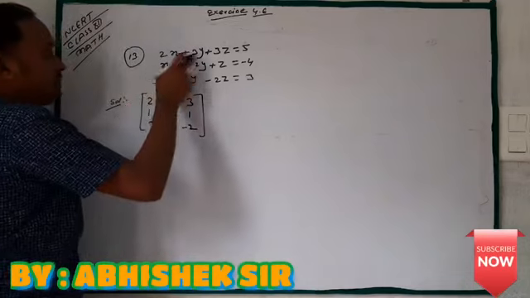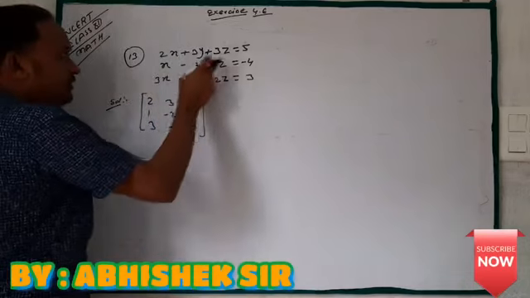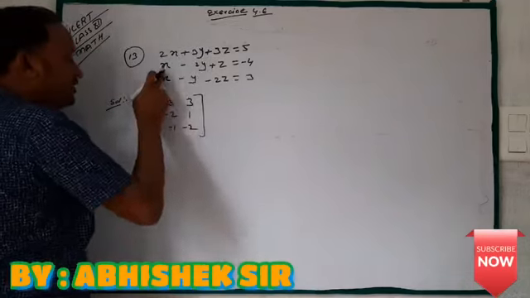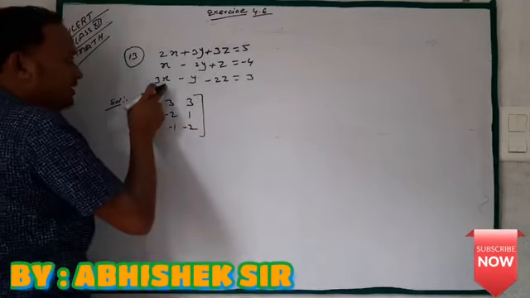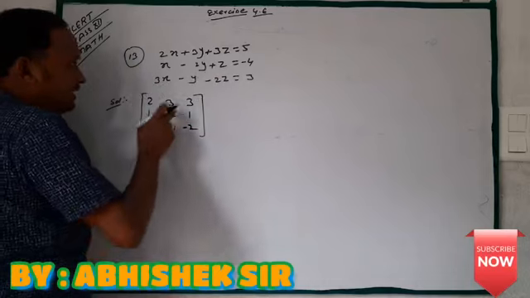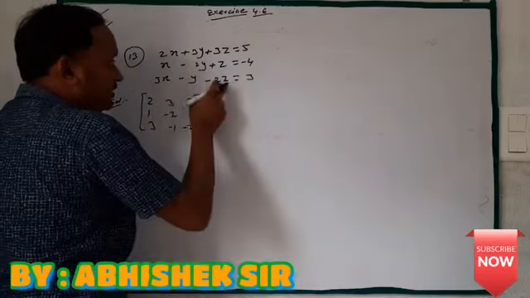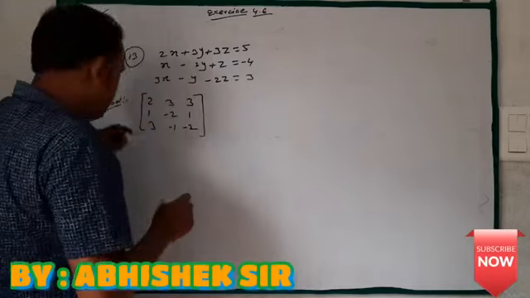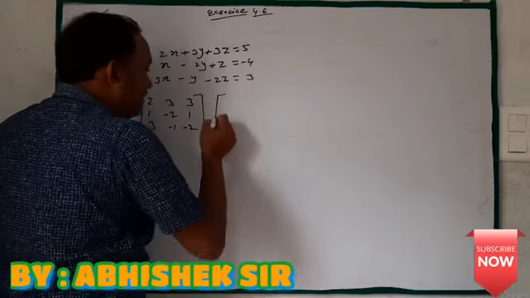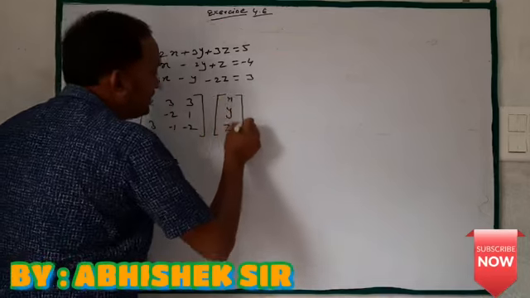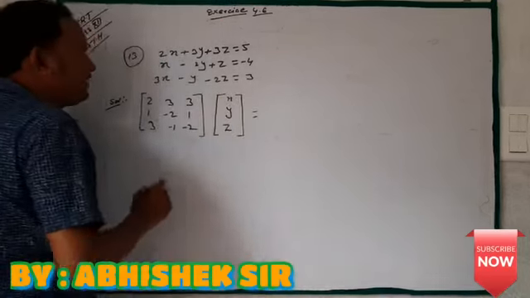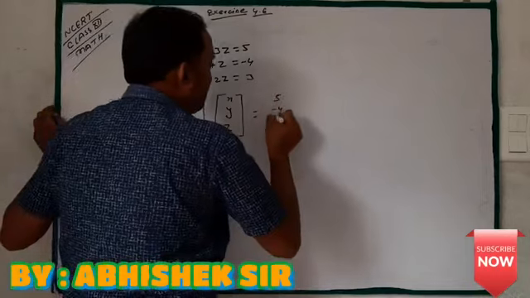This is 2, coefficient of y 3, coefficient of z 3, coefficient of x 1, coefficient of y minus 2, coefficient of z 1, coefficient of x 3, coefficient of y minus 1, coefficient of z minus 2. Matrix X, x, y, z, the variables. Matrix B, 5, minus 4, 3.